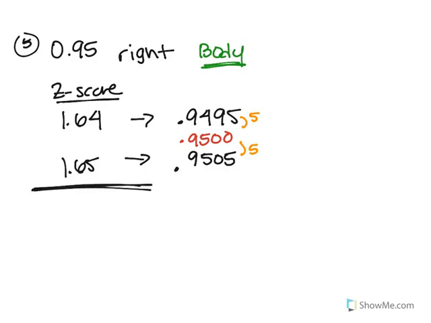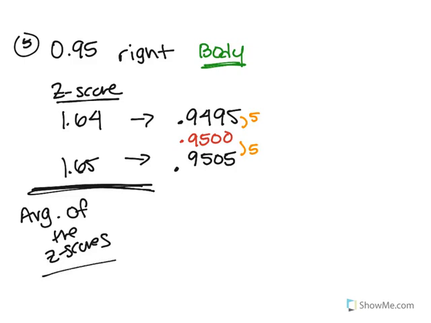Now, when they are equal distance, what you're going to do is give me the average of the z-score. Do not round. So what I need is an average of the z-scores.